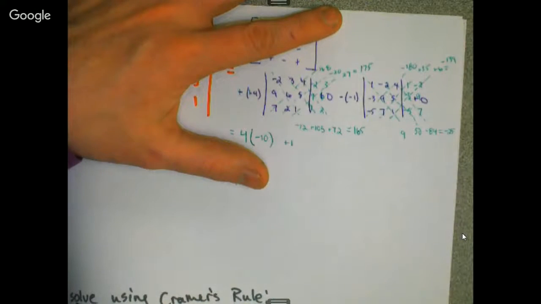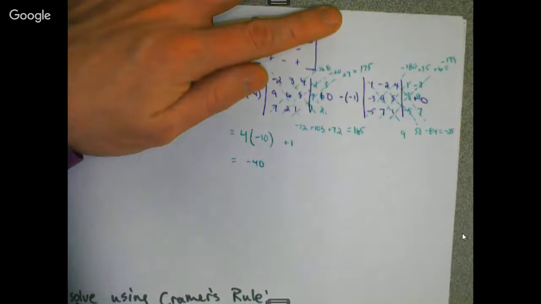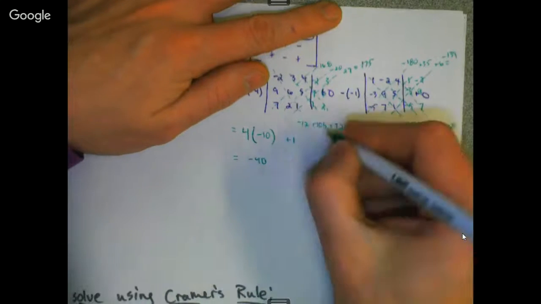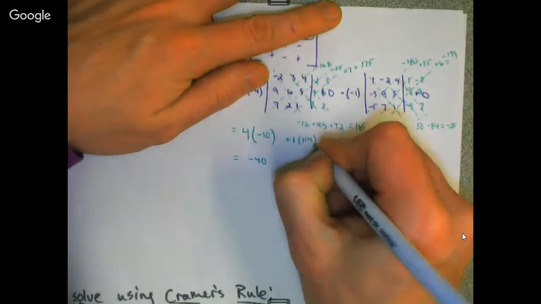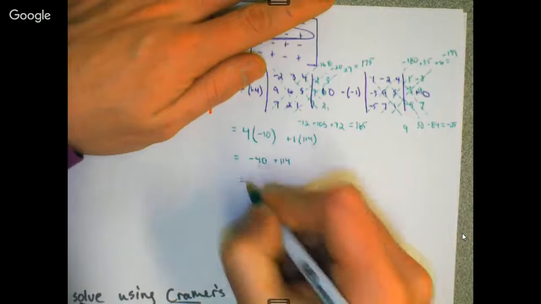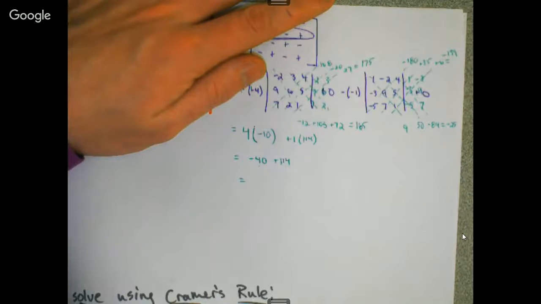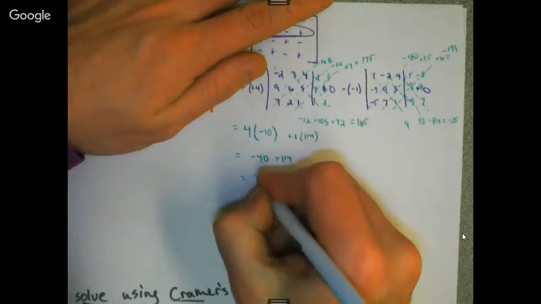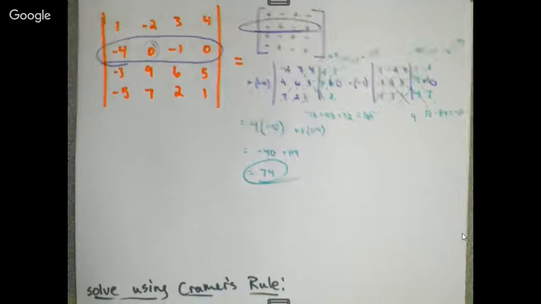So negative 25 minus negative 139, you get 114. So you have negative 40 plus 114, which is 74. So the determinant of that one is 74.